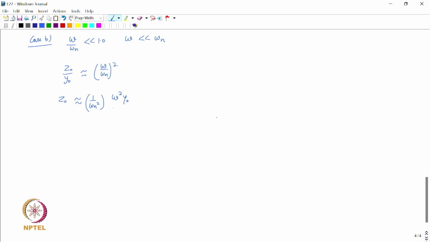Now what is omega square y naught? Omega square y naught is nothing but the acceleration amplitude to be measured, right. And therefore, here the relative displacement Z naught is nothing but an estimate of the acceleration amplitude scaled by a factor 1 upon omega n square.